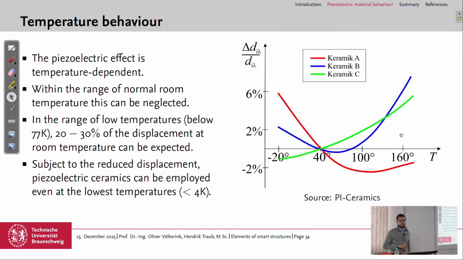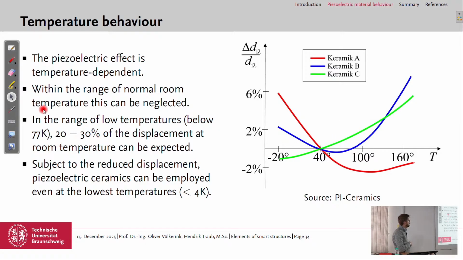Do you have an idea what the upper limit of the operating temperature is? Yes, Curie temperature. Why is that the limit? Yeah, then we have the cubic lattice again, and no piezoelectric effect. That's correct. So within the range of normal temperature, these temperature effects can be neglected.